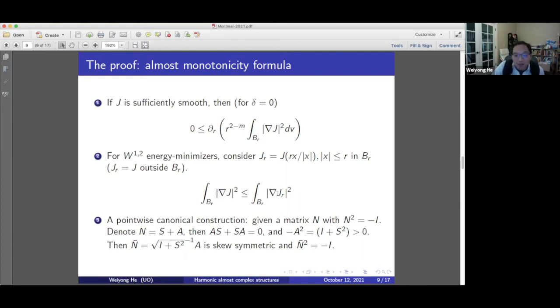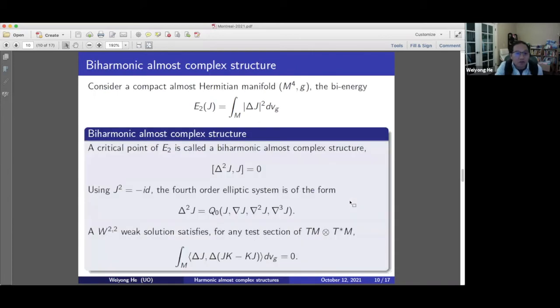So this decomposition will not deform JR by that much. So that will imply the almost monotonicity formula. And then with this, together with the adaptation of Schoen and Wolfson's technique, we can establish this partial regularity. So that's essentially the story.